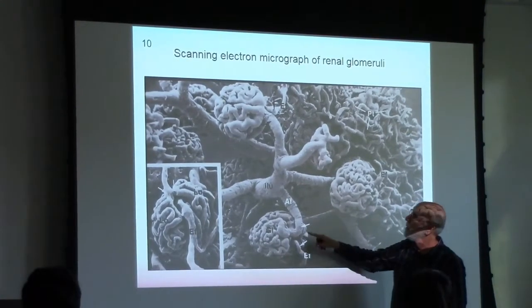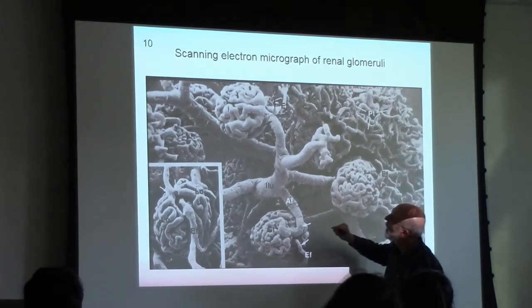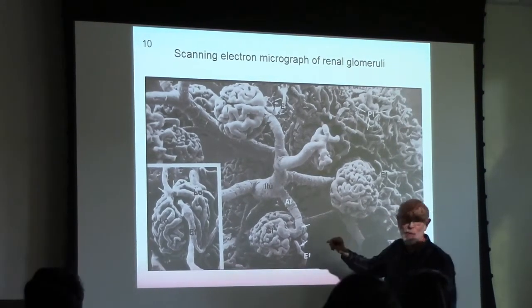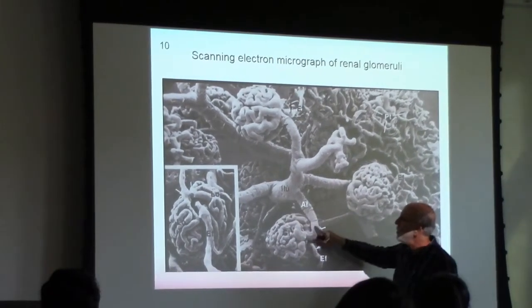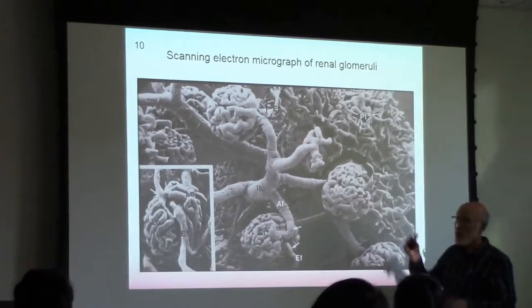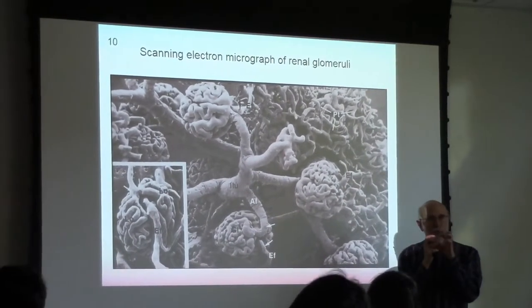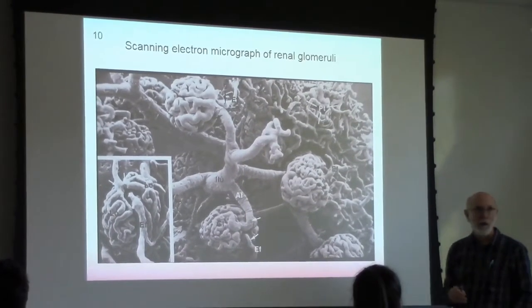Efferent arteriole. I don't even know what ILU stands for, so I really don't know what that means. But some artery. Afferent arteriole, glomerular capillaries, efferent arteriole. So these capillaries are these meshed structures of capillary. They're kind of beautiful in their own way, little walnuts.